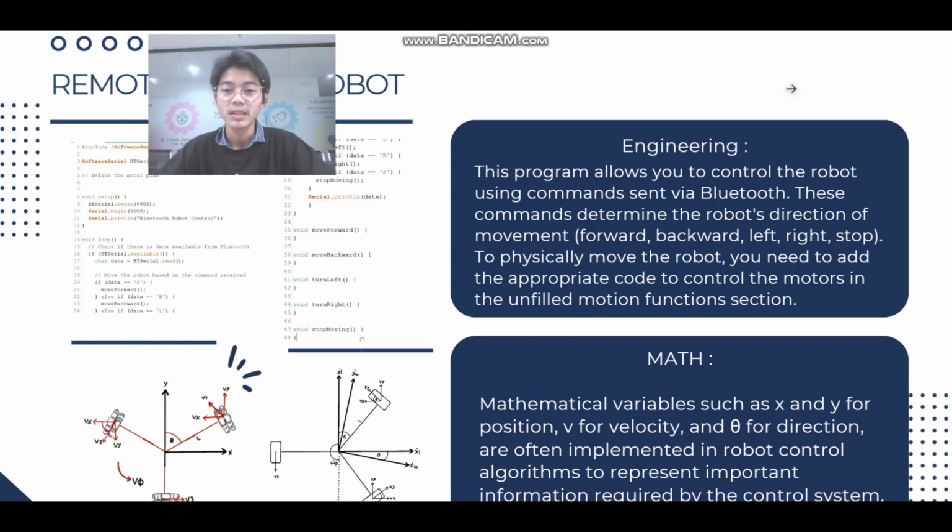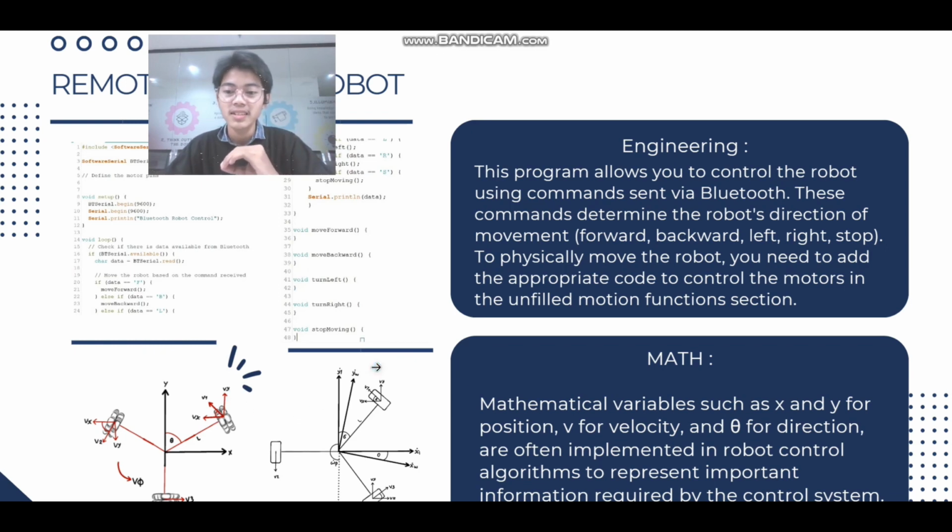To physically move the robot, you need to override the call to control the motors in the motion function selection. This is the program for controlling the robot with a remote control.